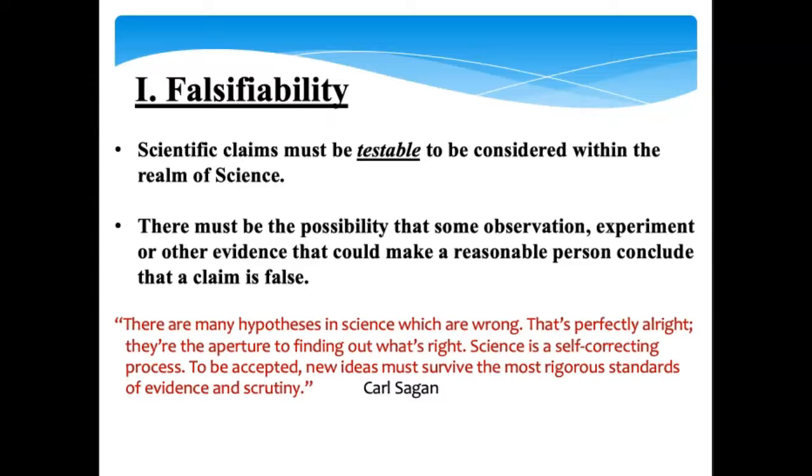He said famously that there are many hypotheses in science which are wrong. That's perfectly all right. They're the aperture to finding out what's right. Science is a self-correcting process. To be accepted, new ideas must survive the most rigorous standards of evidence and scrutiny. Notice that it's okay to have a hypothesis which is wrong. That's actually built into the system.